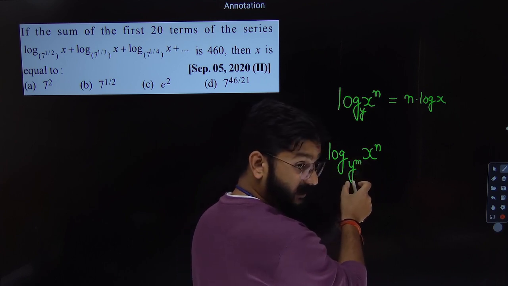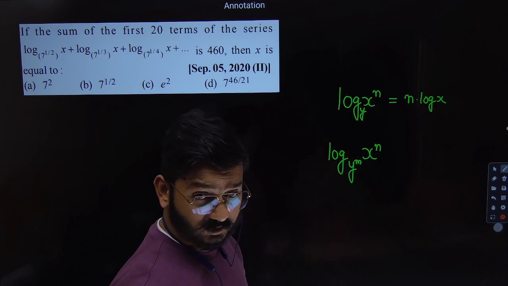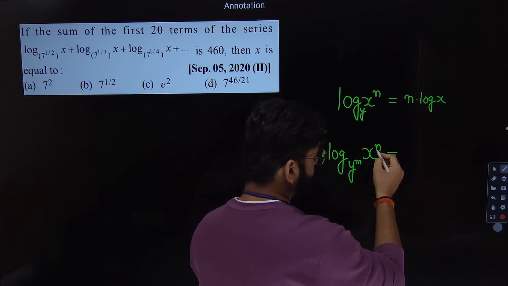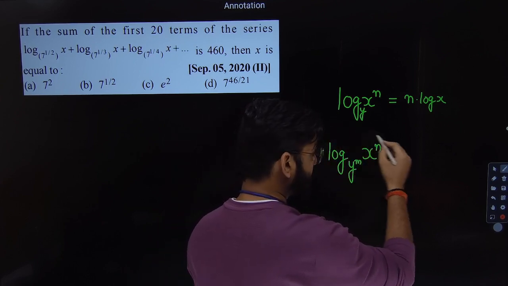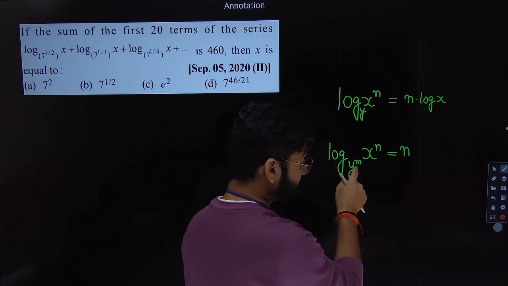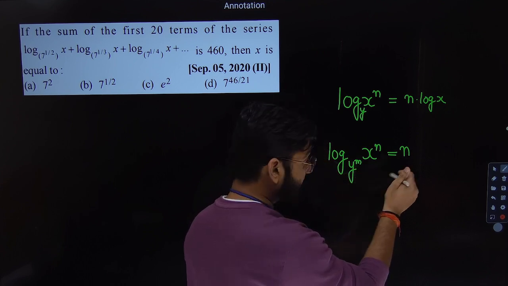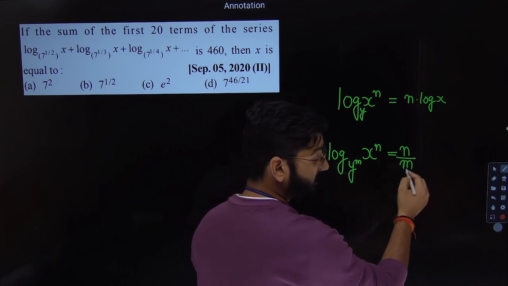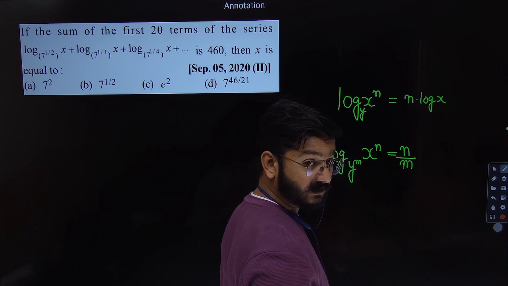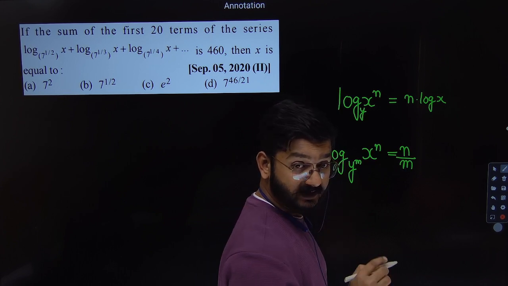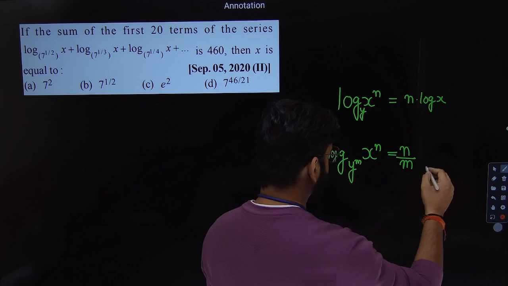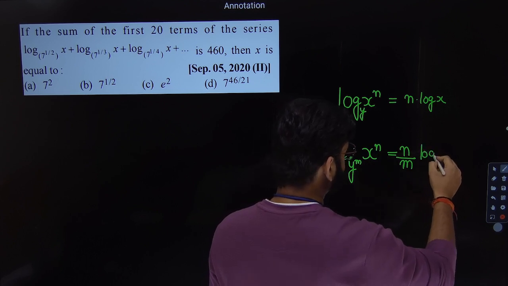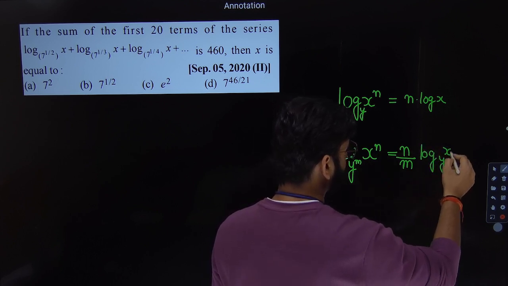Y is my base, so this time the power is on the base also. For this, the power will come in the front, and for the power of the base, it gets reciprocated. So n by m log x to the base y.